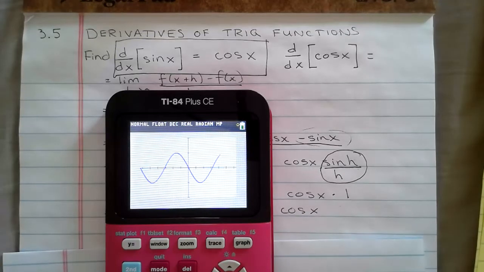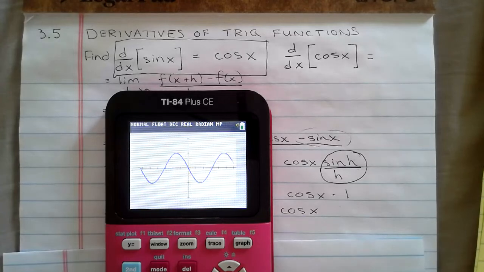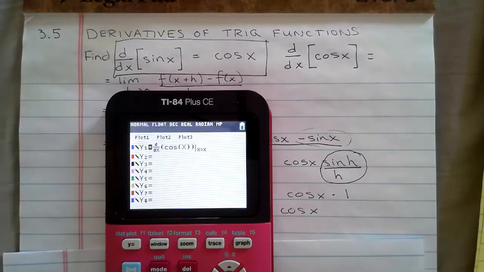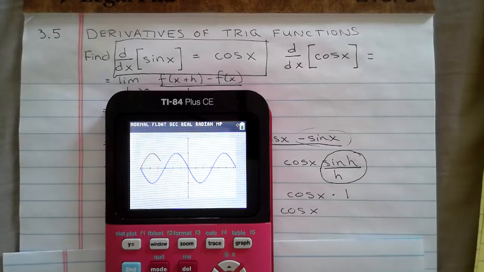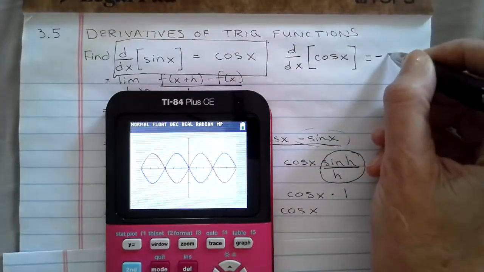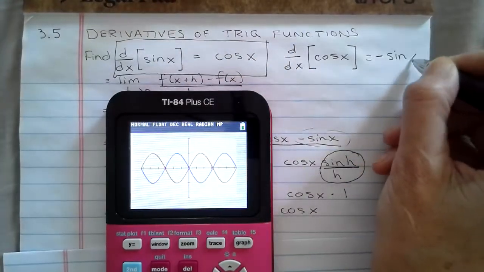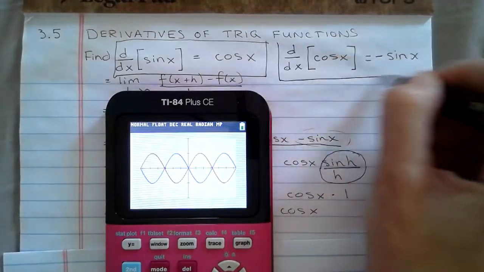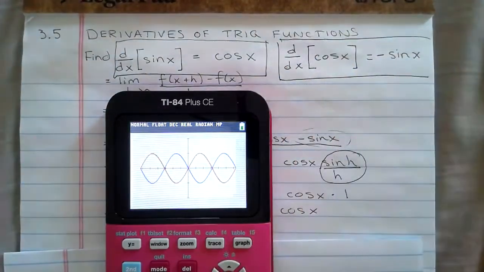If you're not sure what the difference is yet, I'm going to go to y equals, and on my second one, I'm actually going to graph the sine so that you can totally see exactly the difference. So the blue is our derivative. It's not quite the graph of sine, but it's the graph of sine reflected, negative sine x. That's our second. See, only 4 to go. Not too bad, right?